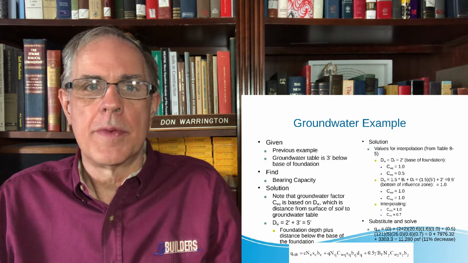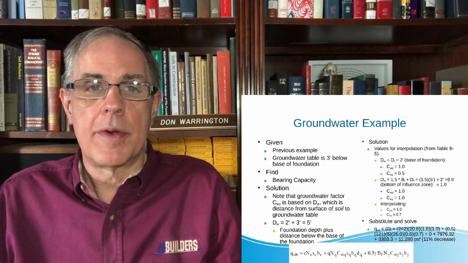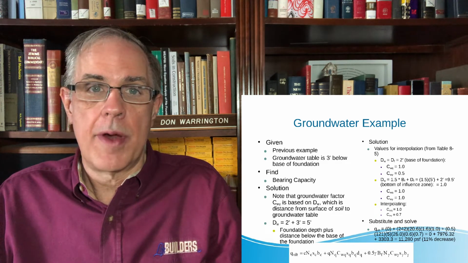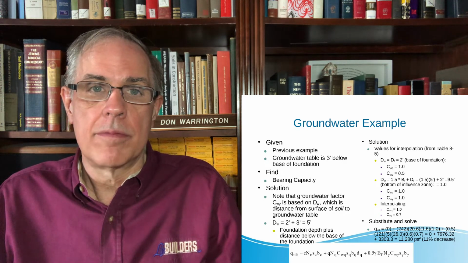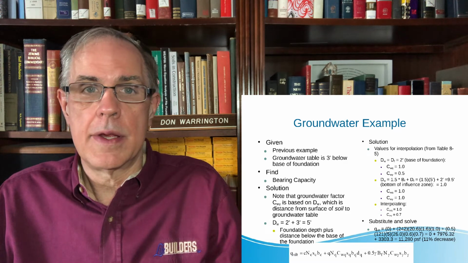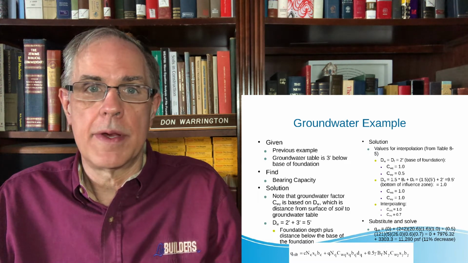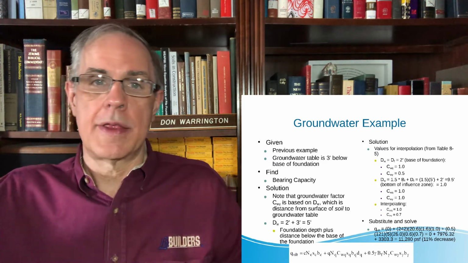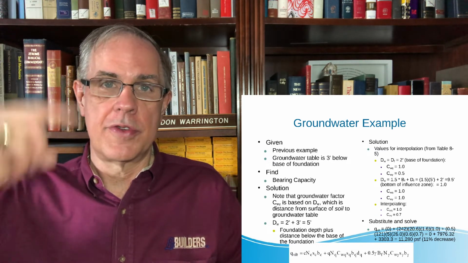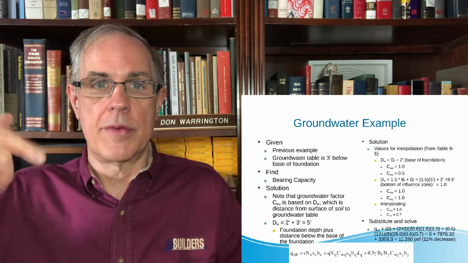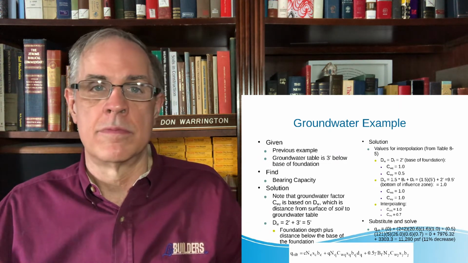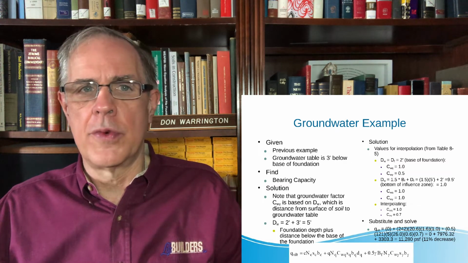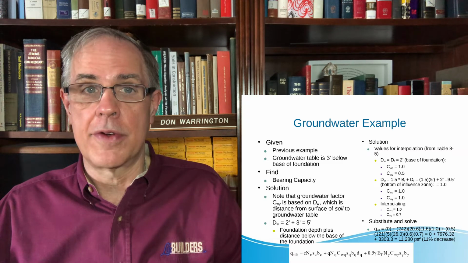The CW gamma is going to be 0.5, no matter what, but you can do it the same way. And the CWQ is going to be interpolated. You would take the interpolation from the surface down depending on where that was. So you have to be careful to look first where the groundwater table actually is before you start interpolating.